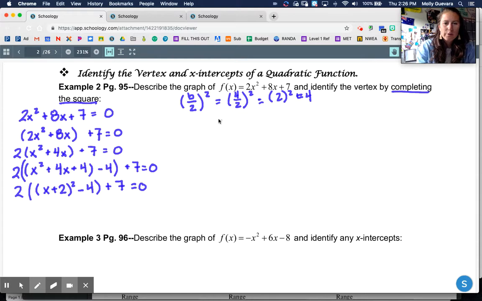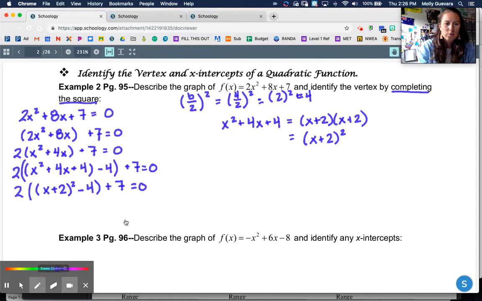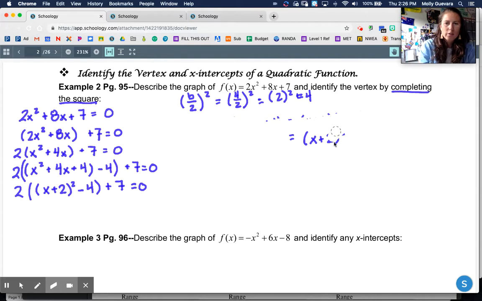So just a quick reminder, I'm going to erase this here in a second, but x squared plus 4x plus 4 factors into x plus 2 times x plus 2, which is the same thing as x plus 2 squared. So that's how I was able to go from x squared plus 4x plus 4 to x plus 2 squared. Okay, just so that we all are on the same page with that one.